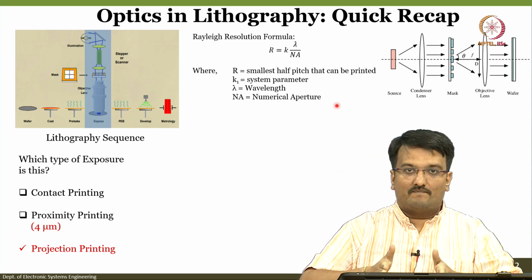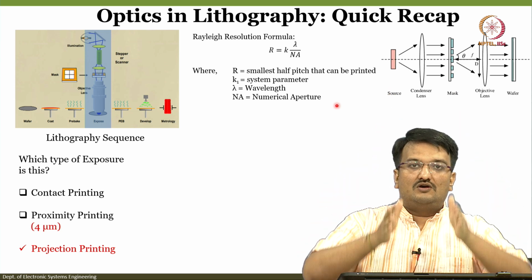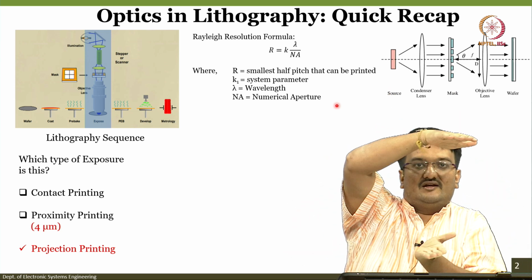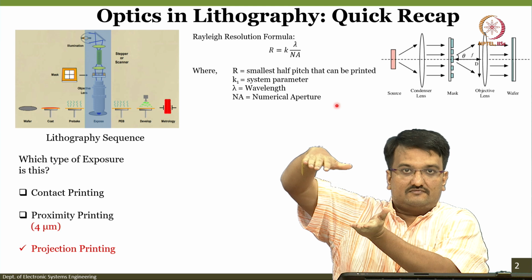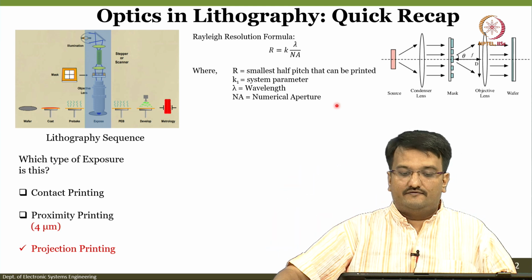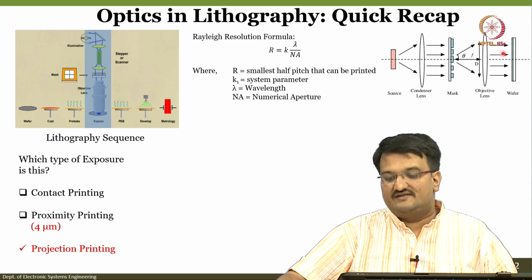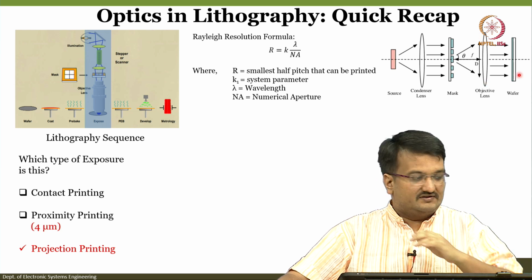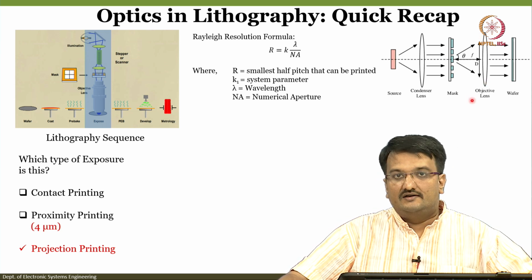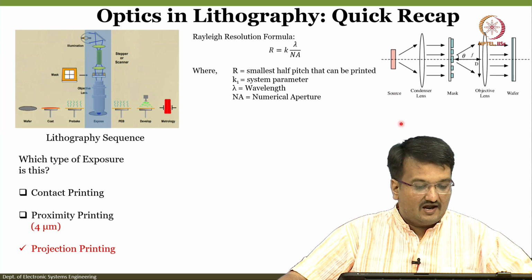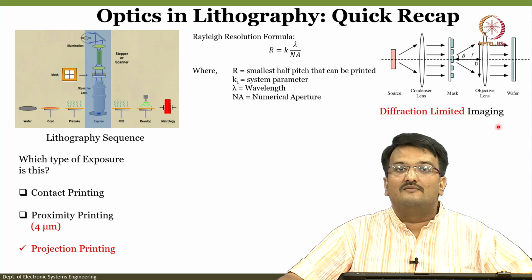It is flow wise top to bottom. You keep the same thing, rotate it and keep it like this. In that case, if you see, this is your source, condenser lens, mask, objective lens and wafer. So, same thing what we have seen, it is a simplified diagram for that. This is a diffraction limited imaging.